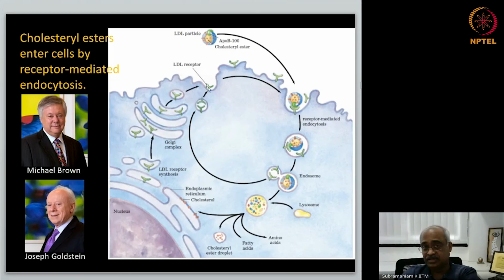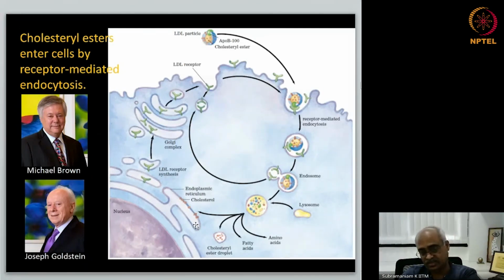However, this receptor doesn't get hydrolyzed, and that goes back and fuses to the membrane, and that's how it gets recycled for continuous operation of this endocytotic uptake and delivery of this cargo to lysosomes. And then the lipases in the lysosome convert into fatty acids, and then cholesterol may be used or converted into cholesterol ester, and that is stored as a lipid droplet in the cell if it is adipose tissue. And it is also incorporated into the membrane.